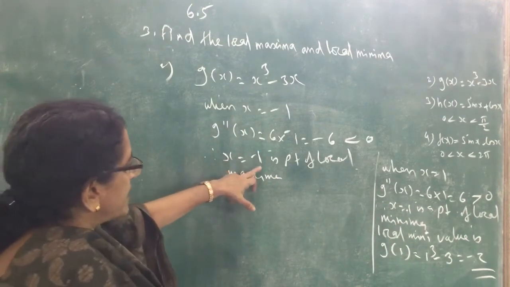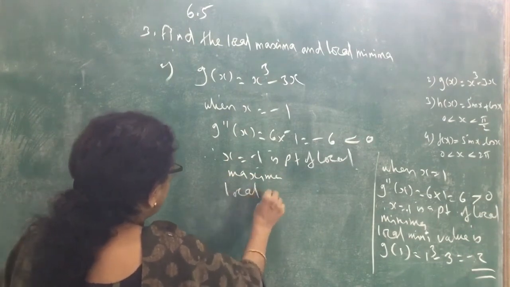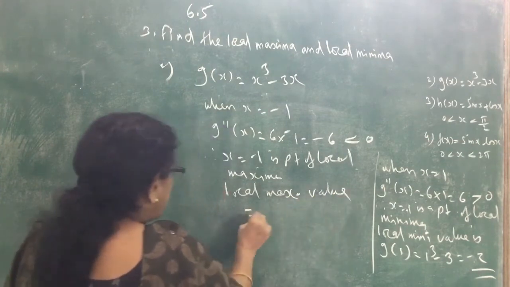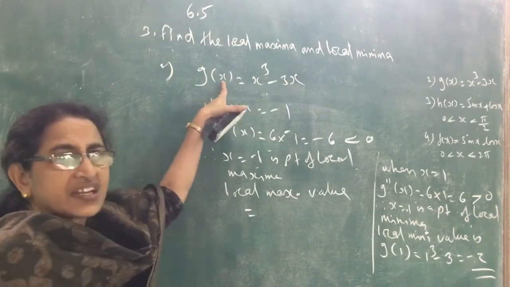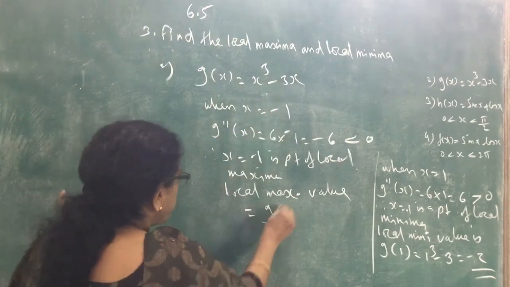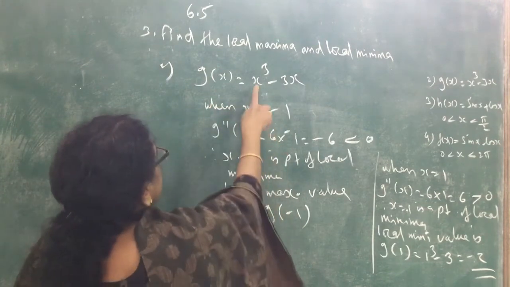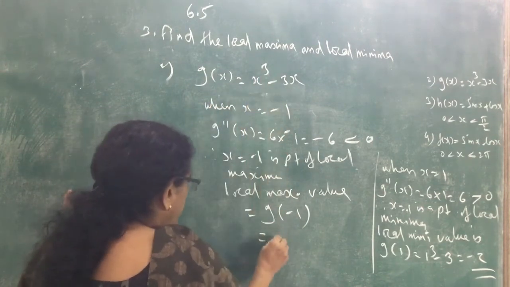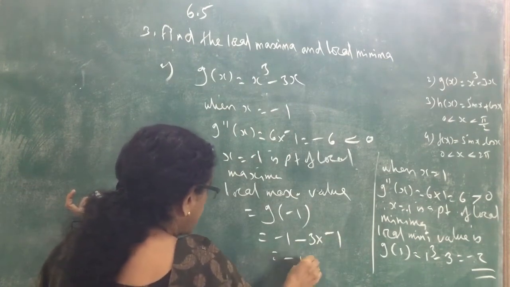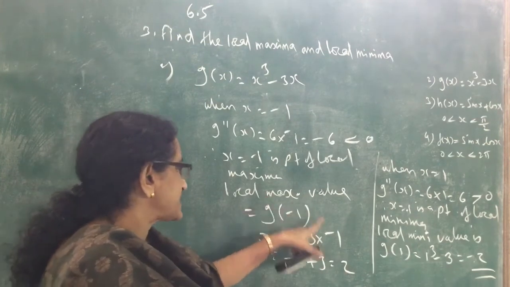So x equal to minus 1 is a point of local maxima, and the local maximum value is g of minus 1. Substituting x equal to minus 1 in the function, minus 1 cube minus 3 into minus 1 is minus 1 plus 3, that is 2. So 2 is the local maximum value.